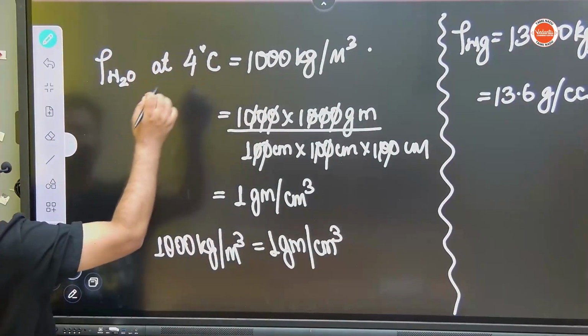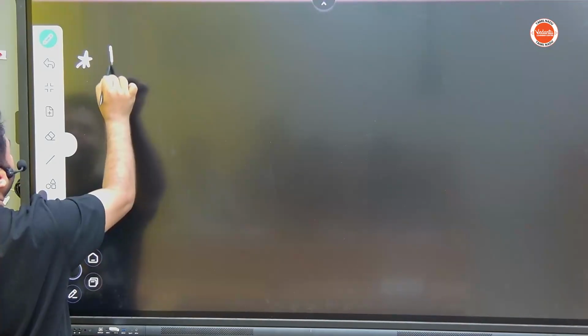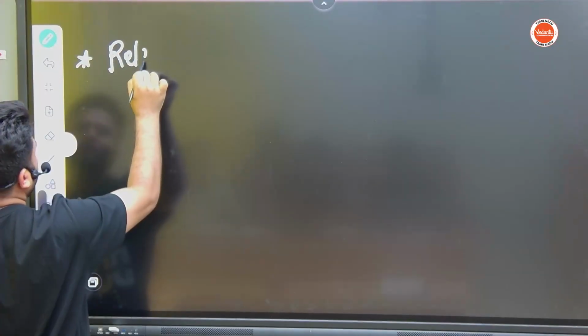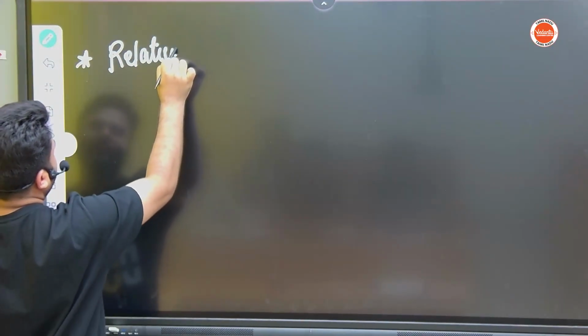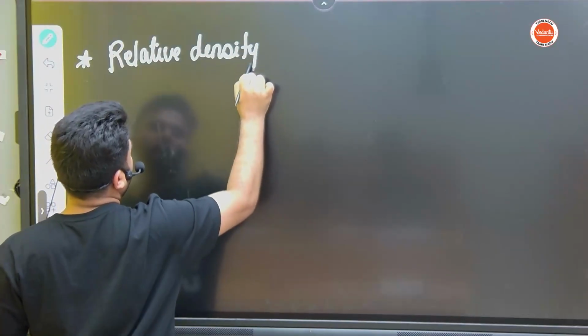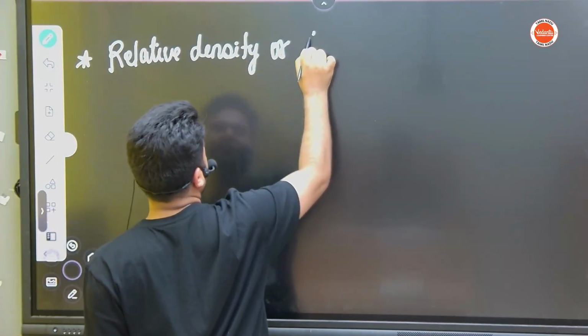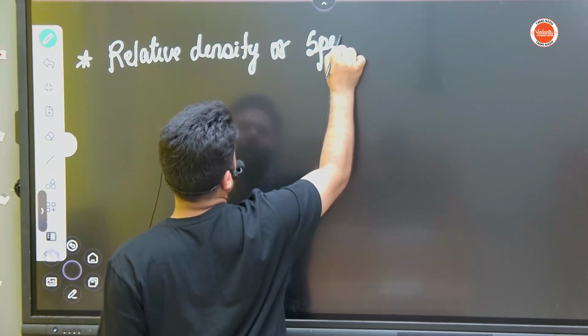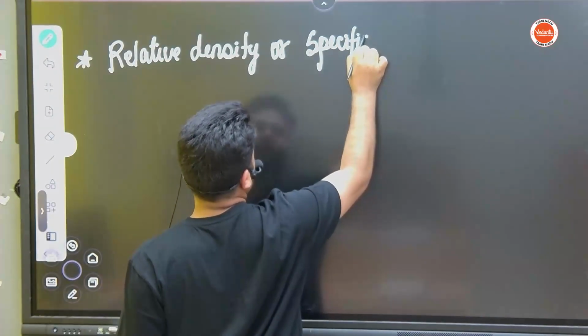Then we have another term which is called relative density, also known as specific gravity.